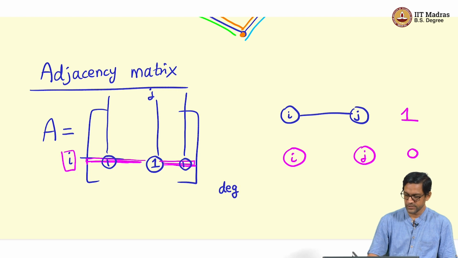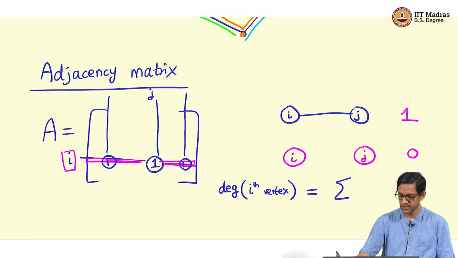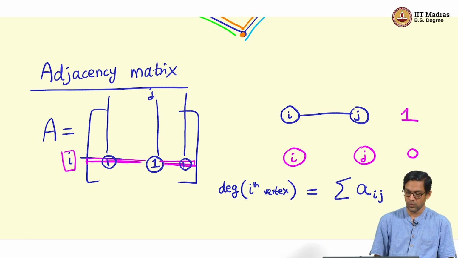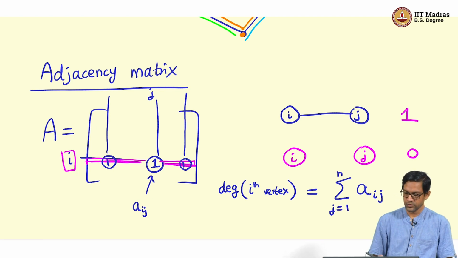The degree of a vertex, let us say the ith vertex, of the graph is nothing but: you take the adjacency matrix, let us call it A. I will use small a_ij to denote the entry in the ith row and jth column. So, this entry here would be denoted a_ij, and a_ij can be a 0 or a 1, those are the only possibilities, but I sum this over all possible values of j. So, let me assume this is a graph on n vertices.